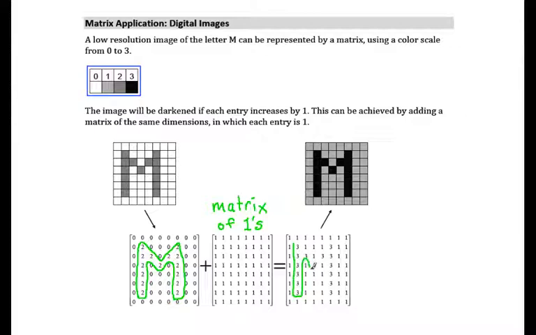In this case, the M is composed of 3's on a background of 1's. And that would translate to an M that's black because 3 corresponds to the color black on a light gray background. So the addition of a matrix of all 1's caused the image to be darkened.